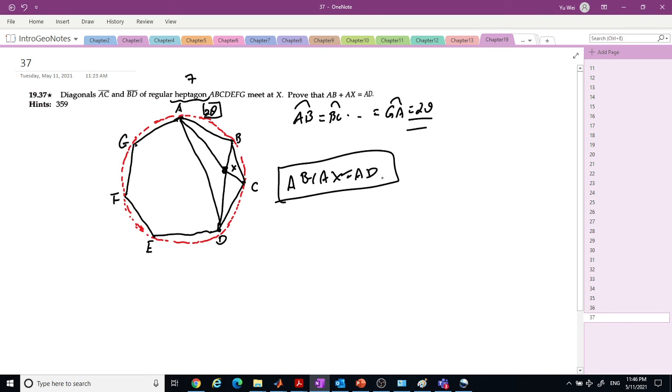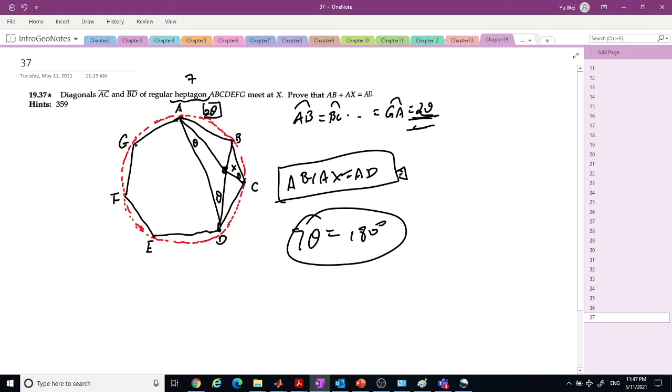Okay, so now we can see the 14 arcs together is 360, right? So 7 theta is 180. Okay, now let's see some angles. So AB, the arc, the inscribed angle here is theta, right? CD is also theta, and also this angle is theta.